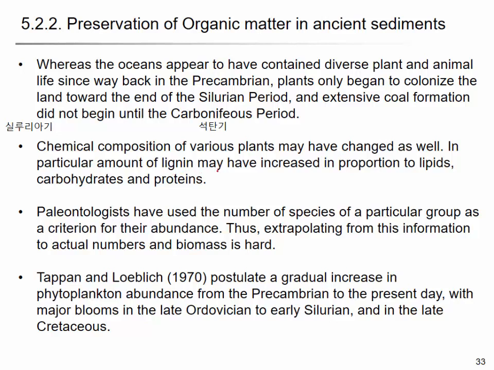In particular, the amount of lignin may have increased in proportion to lipid, carbohydrate, and protein. Paleontologists have used the number of species of a particular group as a criterion for their abundances, and extrapolating from this information to actual numbers and biomass is very hard. So on land, they look at some specific species, and their abundance can be correlated to maybe the coal or the hydrocarbon in the onshore.